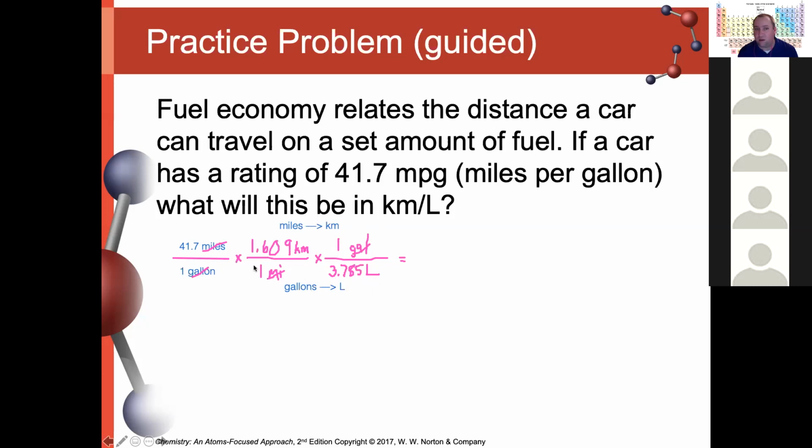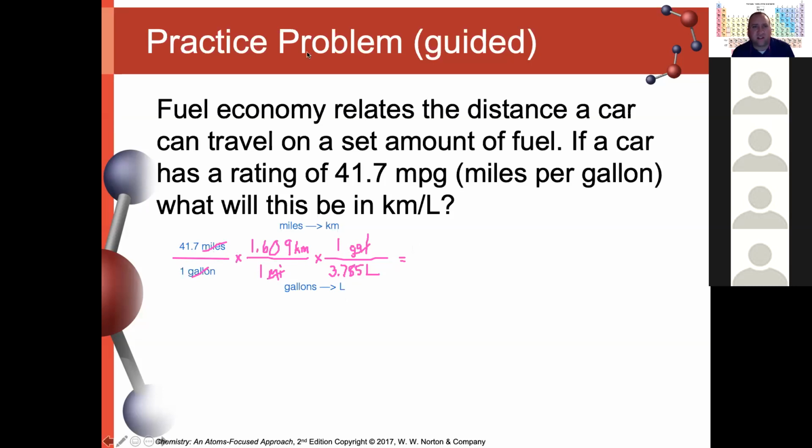Think about each of these things. They each multiply, 1, 2, 3. Every fraction multiplies with the fraction next to it. So the literal way that we can do this is we can multiply all of the values on the top and divide all of the values on the bottom. And when that's done, all of the units kind of go along for the ride.